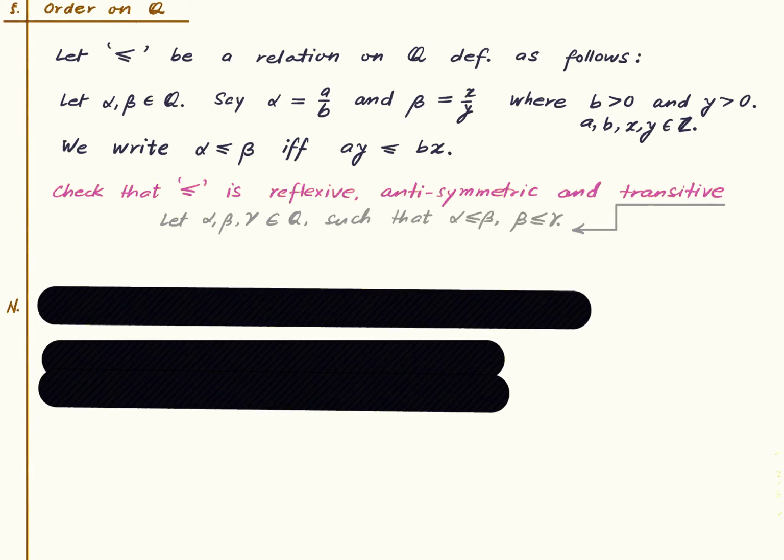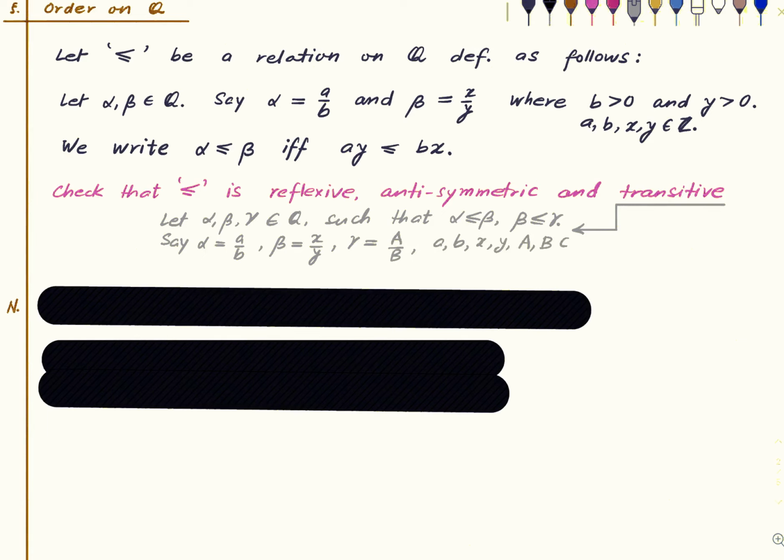We want to show that alpha is less than or equal to gamma. Say alpha is this, beta is that, and gamma is this, where all of these things are integers and the denominators are all positive. And I have run out of space.